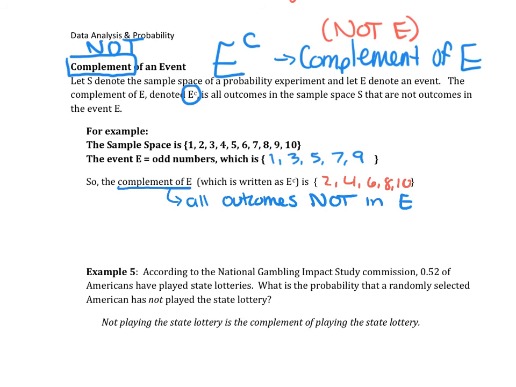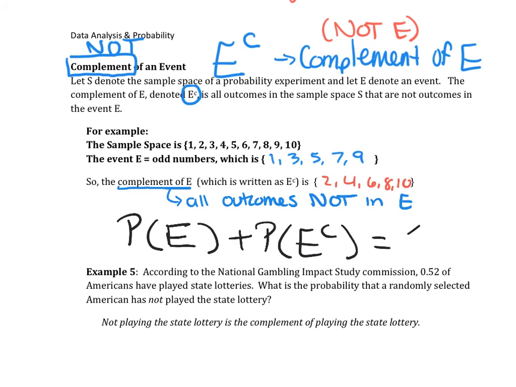If we take the probability of an event plus the probability of the complement of that event, it will equal 1, because that has all of the outcomes included in both of those, and there's no overlap, because what's in the event cannot be in the complement.